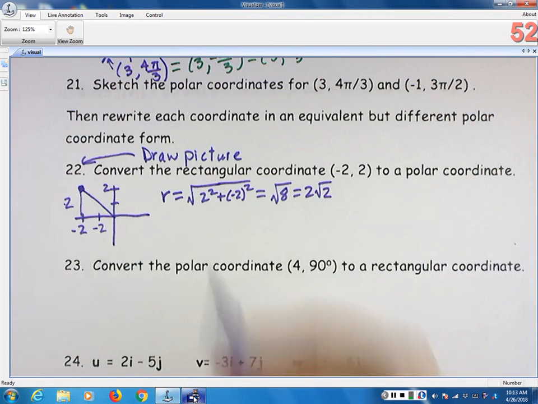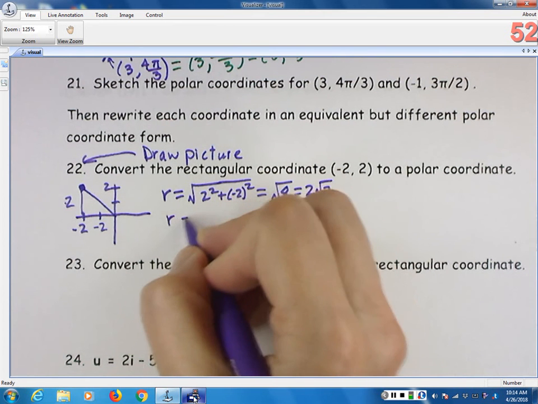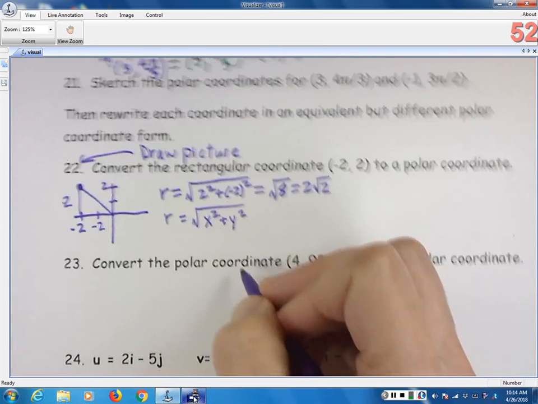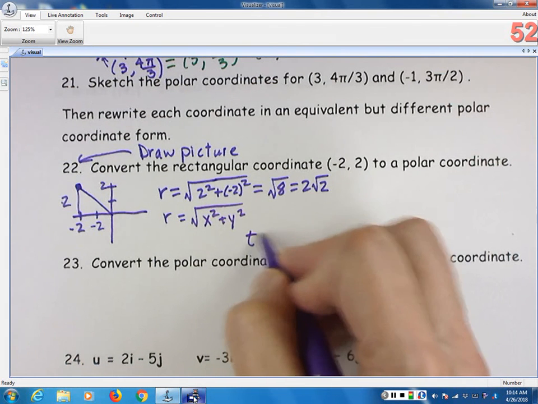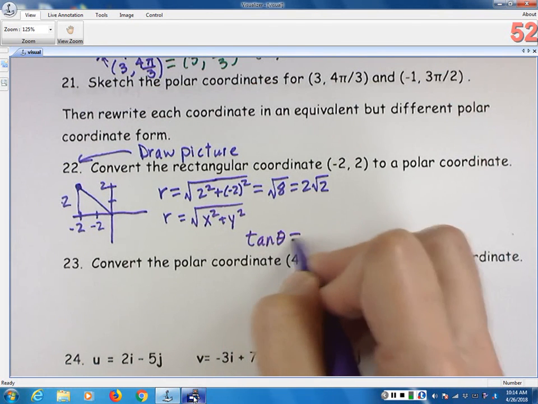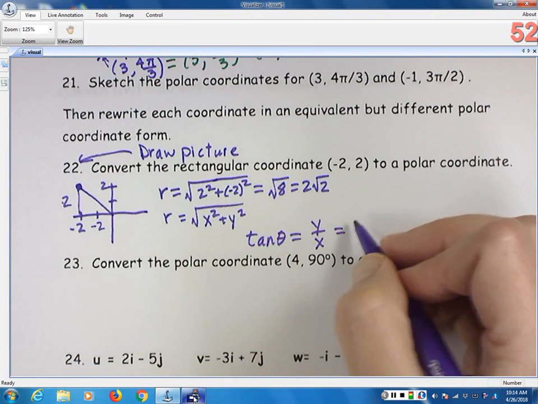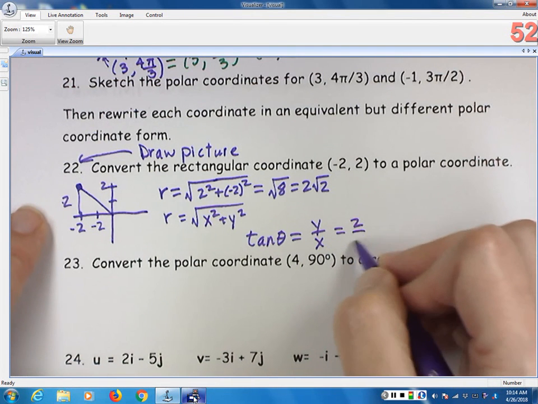So R, I'm using the formula, it's on your formula sheet, that R is the square root of x squared plus y squared. And then tangent of theta equals y over x. So y is 2, x is negative 2.